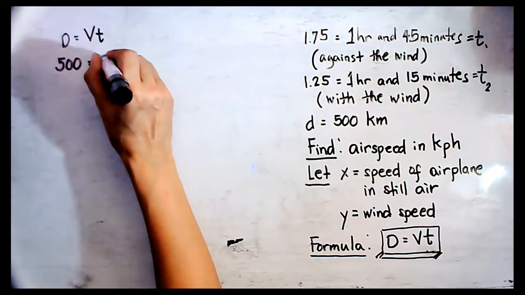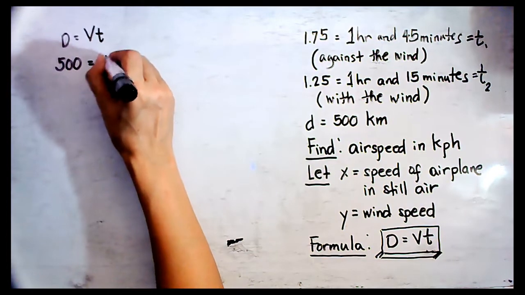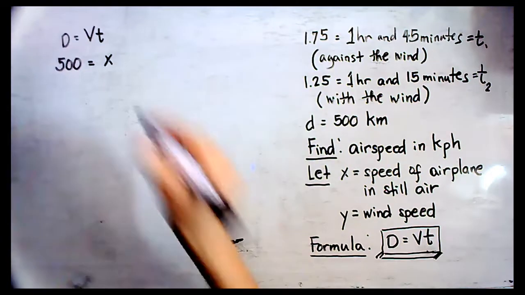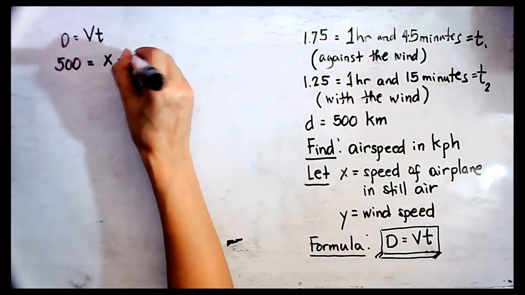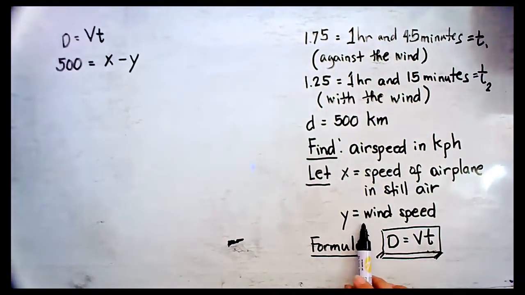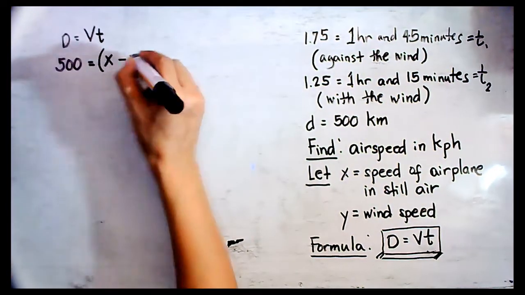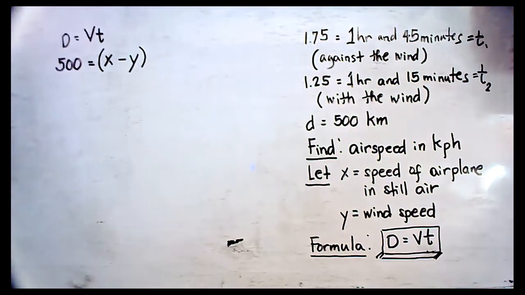So ibig sabihin, yung velocity natin na gagamitin will be yung speed ng airplane in still air, then bawasan natin yung speed ng air or ng winds, yung wind speed. Okay, that is x minus y.